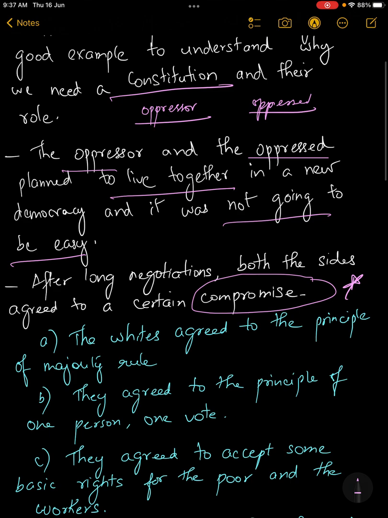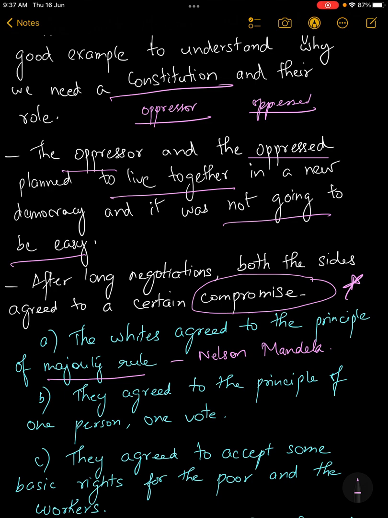Right? So the whites had agreed to the principle of majority rule, as in the majority, who were the blacks, would now be given political rights, would now be allowed to fight elections, and would now be allowed to form the government. Like for instance, Nelson Mandela, I mentioned, became the first president of the independent nation of South Africa, right?